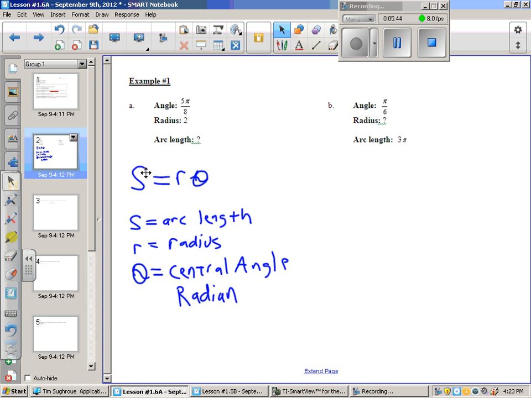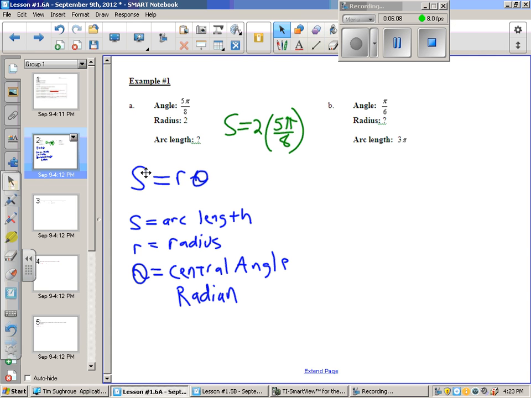So this first problem here is really as easy as it gets. If we want to find the arc length, given the central angle and the radius, the arc length is simply going to be the radius, which is 2, times the angle, which is already in radian form, because it has pi.